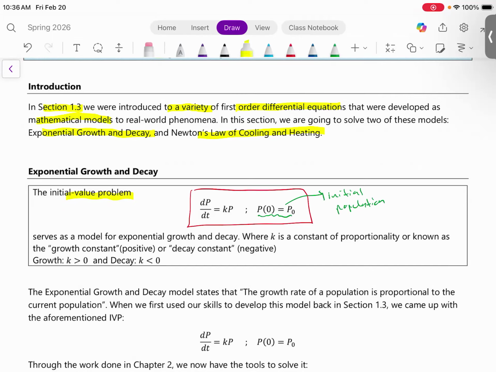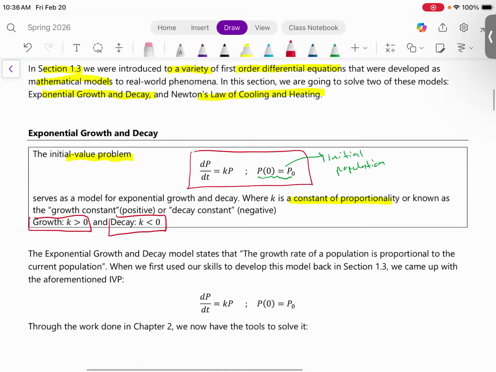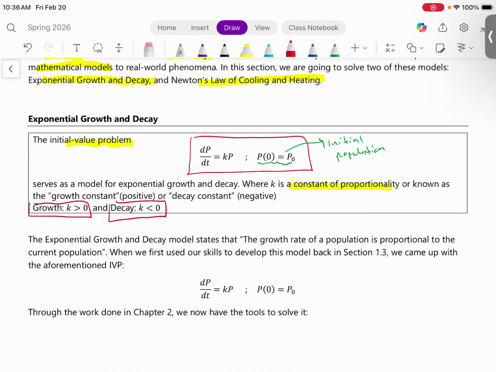And so this is a model for exponential growth and decay. k is our constant of proportionality, and our population is growing if we have k greater than zero, and decaying if we have k less than zero. We developed this from the statement that we've seen before, that the growth rate of a population is proportional to the current population.